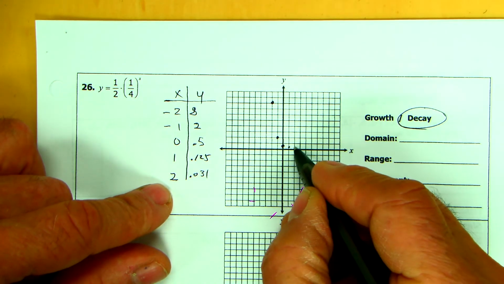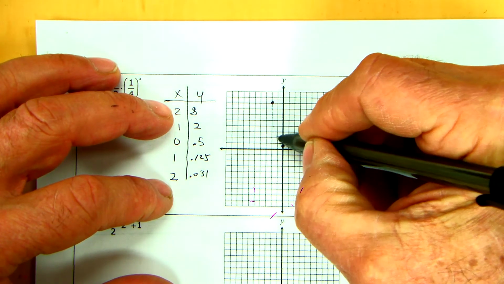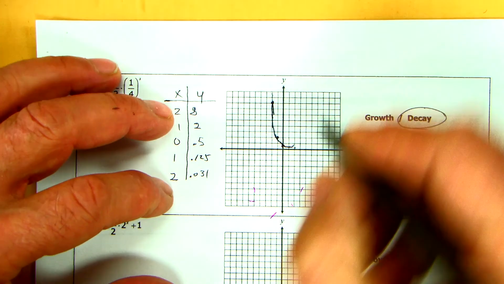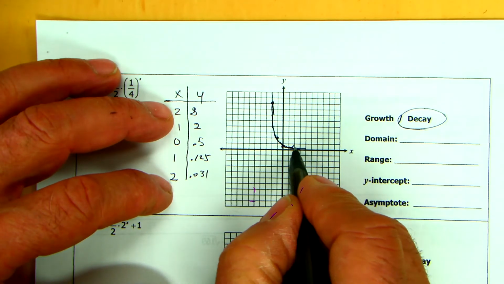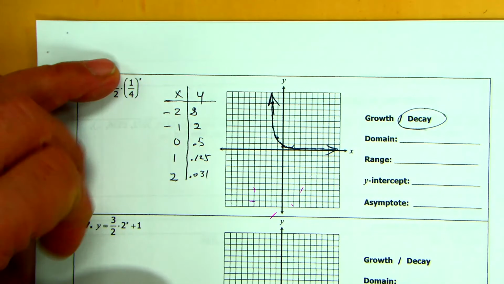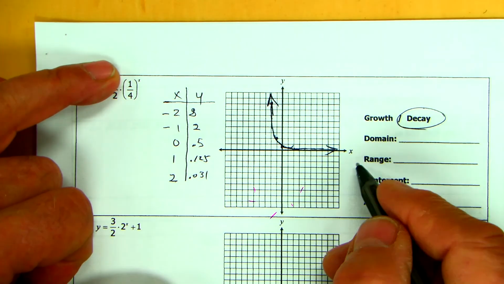At 2, it's easy to see that we're coming down like this. So that's our exponential function. It's a decay function. It's going down.